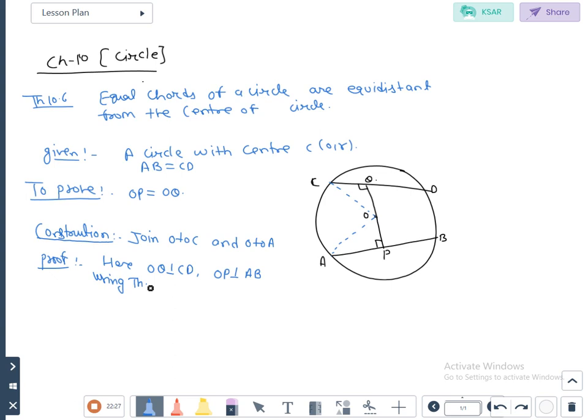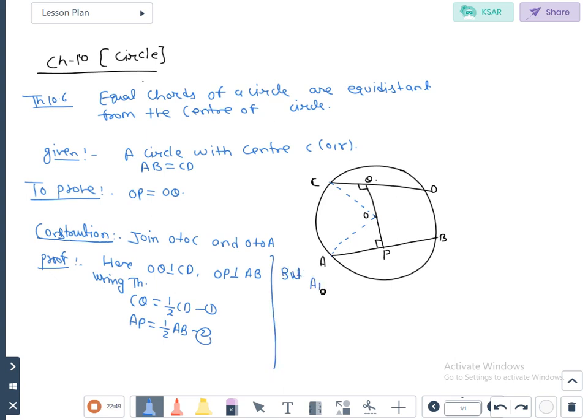So what we can write here, CQ is equal to half of CD and AP is equal to half of AB. Equation number first and equation number second.